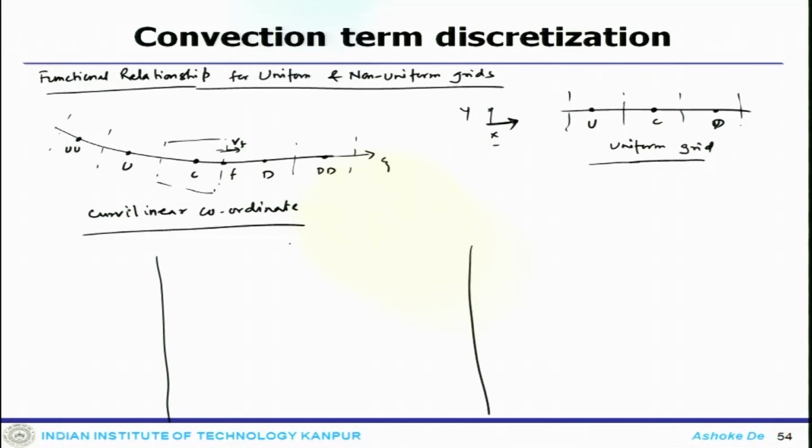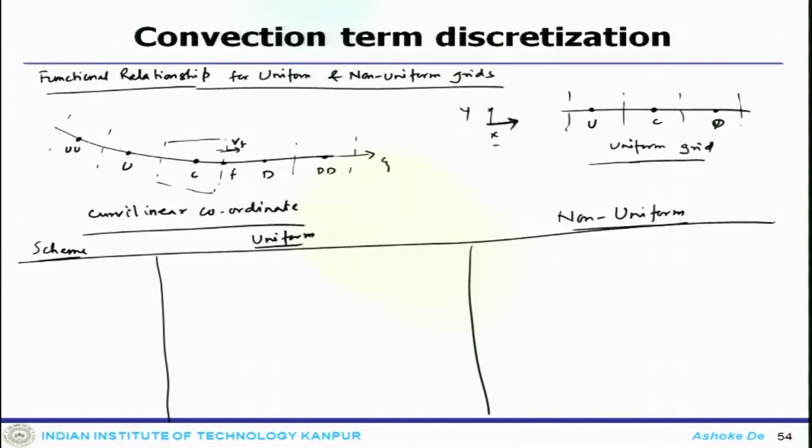Now, if you get all this functional relationship for the different schemes, it should be put together. Let us say this is for the uniform system, and this is the non-uniform system, with the schemes that we have discussed so far. For the upwind scheme, in the uniform case phi f is phi c, and in this case also phi f is phi c.